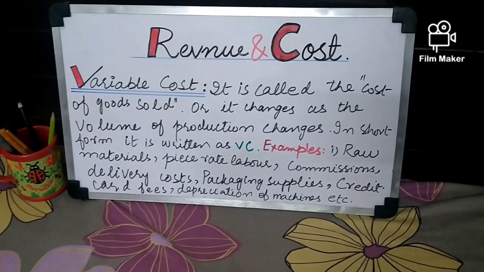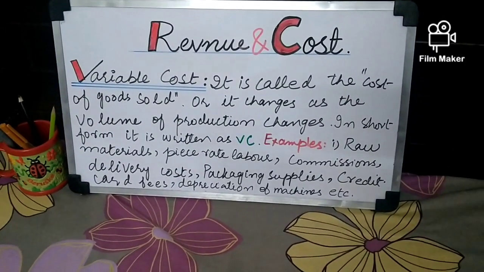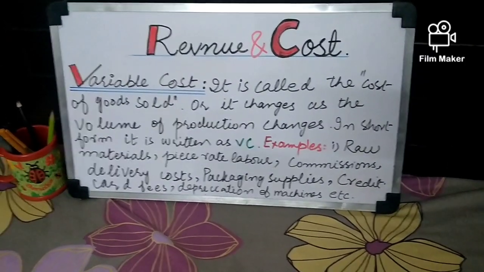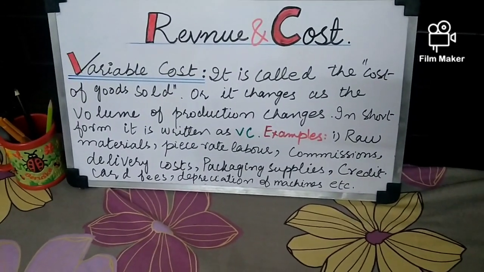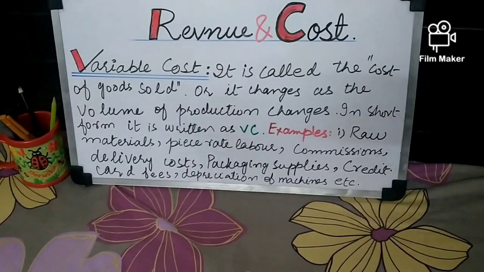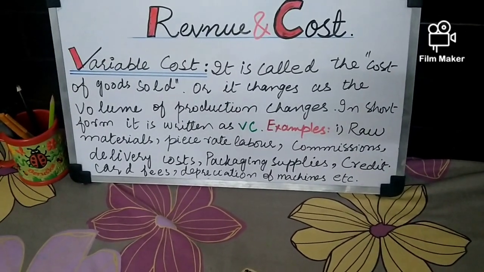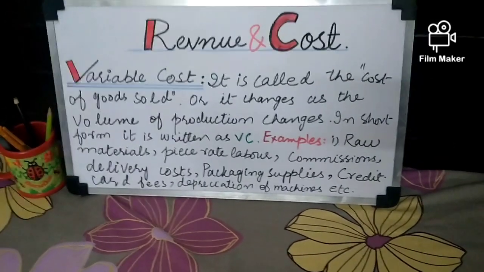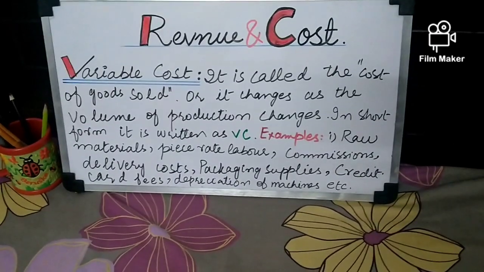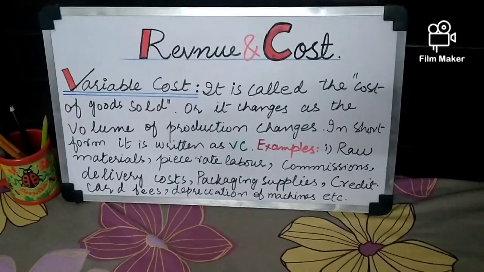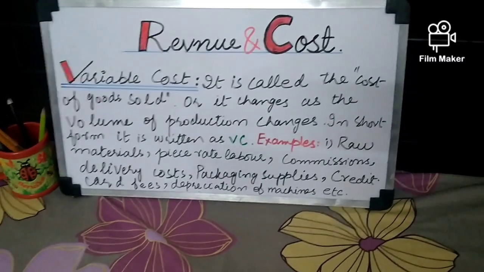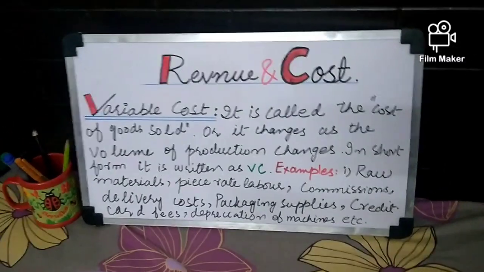Variable cost also includes commissions, delivery costs, packaging supplies, credit card fees, and depreciation of the machinery. All of you know that machines depreciate with the passage of time. So the expenses which have to be paid for the depreciation of the machinery are also included in the variable cost.